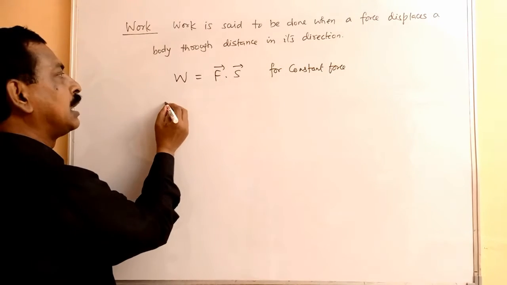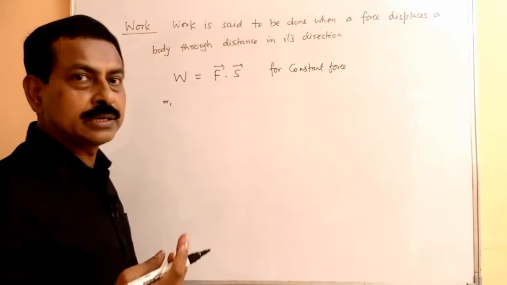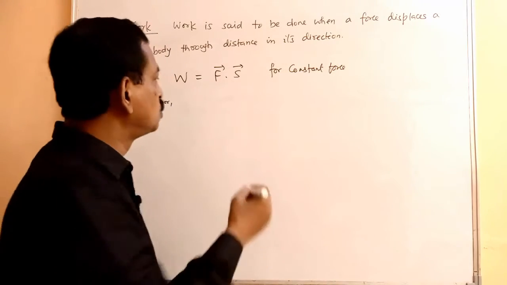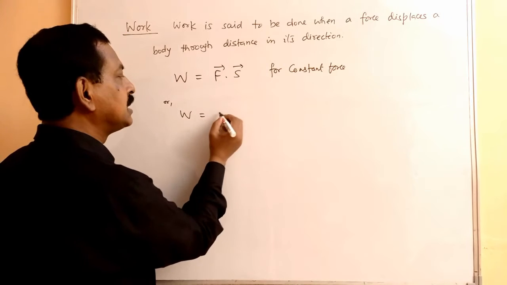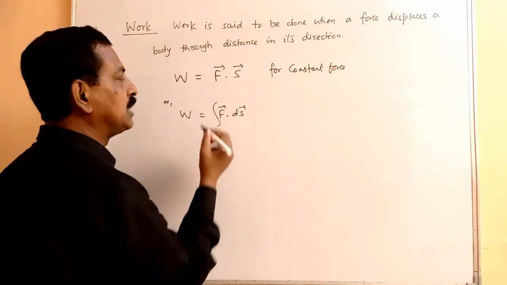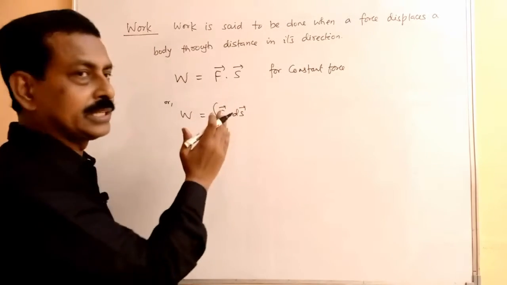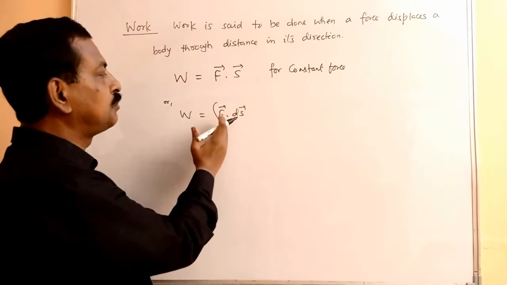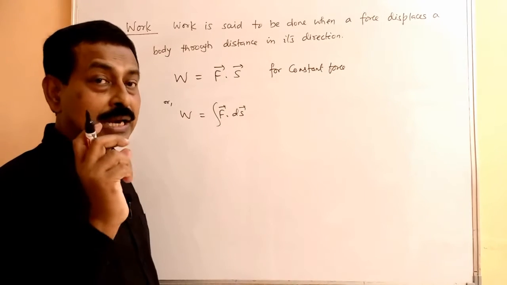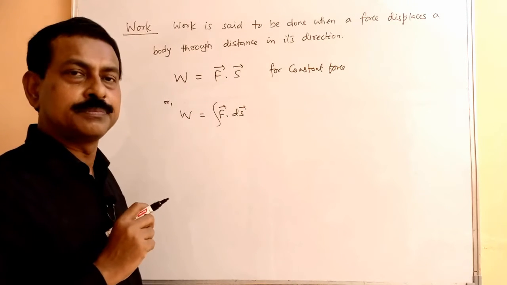Or you can use another expression for work done when the variable force is acting there. So for that, we take this as a scalar product of force and elementary displacement and we integrate it. So it is basically integral of force and displacement and they are basically dot product.